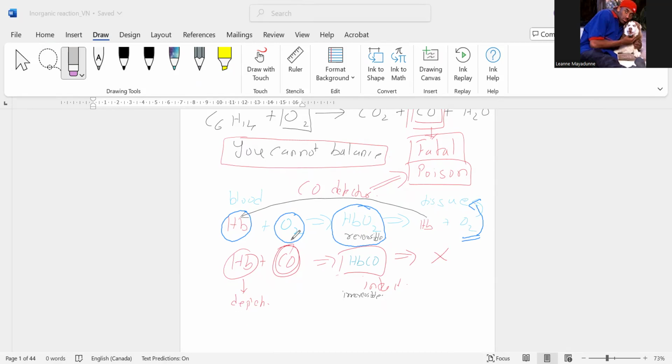Now, what happens when carbon monoxide is present? This hemoglobin combines with carbon monoxide. Now, this complex which is formed is irreversible, right? Because it is irreversible, the tissue is not able to get oxygen.